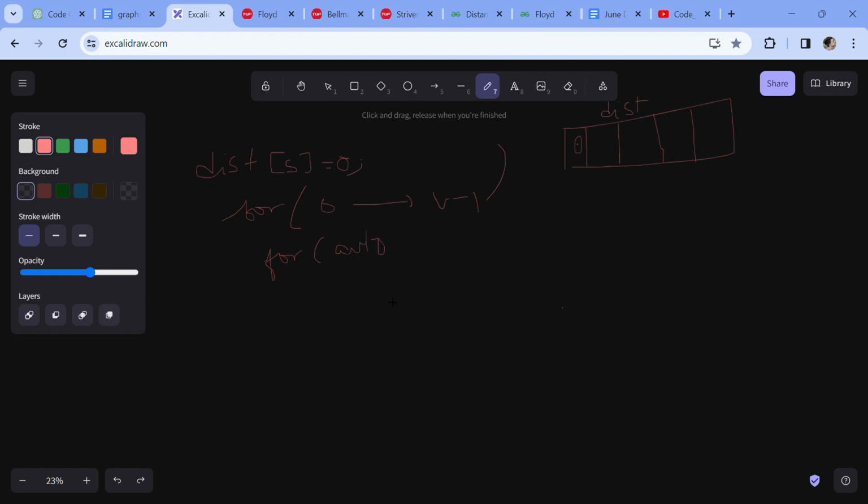The first element of that row denotes our starting point, the second element denotes our end point, and the third element denotes the weight of the edge between u and v. And we will check the condition. If our condition is true, we simply update the weight. So this is all for the Bellman-Ford algorithm.